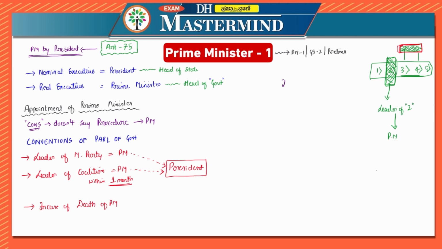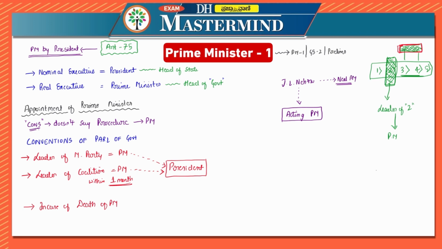So when Jawaharlal Nehru was a prime minister, and when Jawaharlal Nehru passed away, at that point of a time, there was a temporary or an acting prime minister who was appointed by the president. That is, until the next prime minister, there has to be a caretaker prime minister or an acting prime minister.